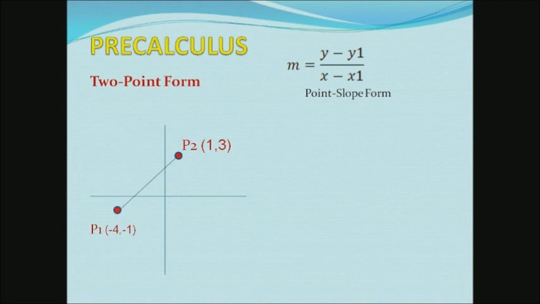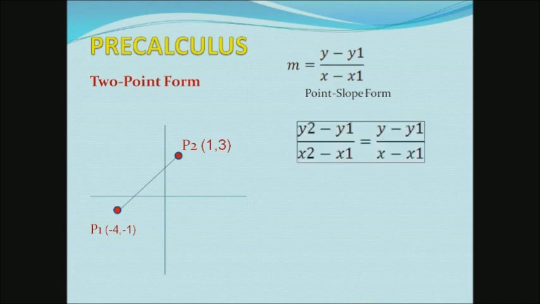So, isa-substitute lang natin yon para mabuo natin yung 2-point form. And then, we will have now our 2-point form, that is y2 minus y1 all over x2 minus x1 equals y minus y1 all over x minus x1. So, mapapansin ninyo, yung m napalitan na ng kanyang formulang y2 minus y1 all over x2 minus x1.